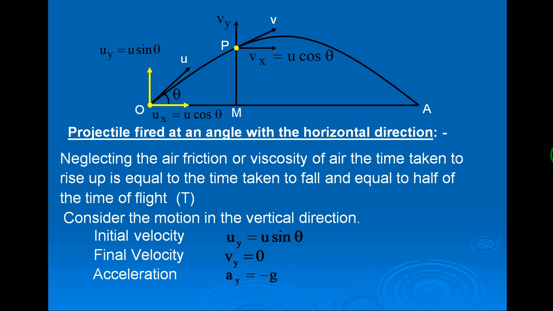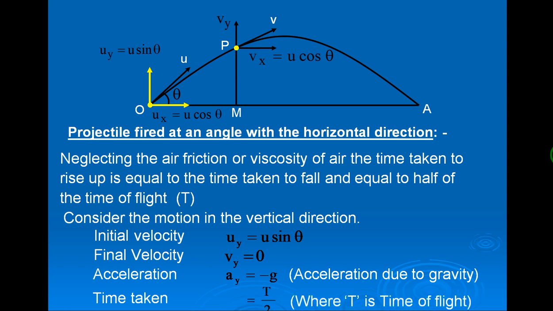Acceleration Ay is equal to minus g, acceleration due to gravity. The negative sign again shows that the acceleration due to gravity is opposite to the initial velocity Uy. Time taken is equal to capital T upon 2, where capital T is time of flight.